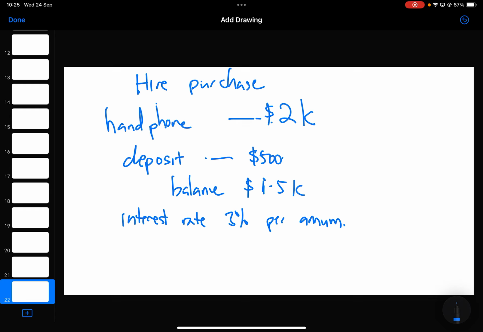So in the end, I don't just pay $1,500, I have to pay more. How much more? If I repay the $1,500 in 1 year, I'll be paying 3% more. So 3% of $1,500 is $45.